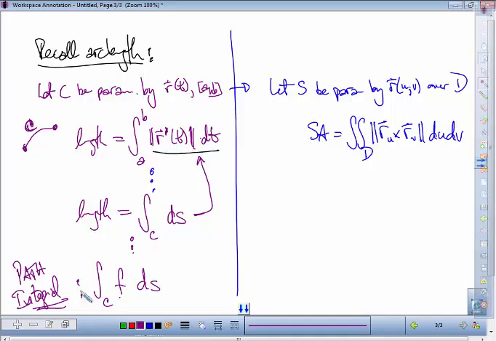Coming from the surface area formula, we can extend this: the surface area is equal to a double integral, and I'm going to use capital S to represent a surface, where S is the actual surface we're looking for.